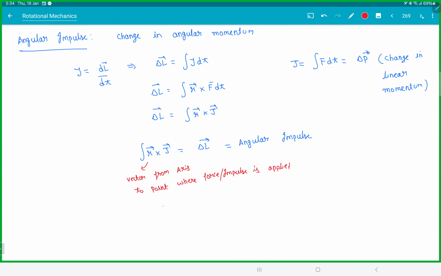You can simply also write this as the perpendicular distance, if J is constant, r perpendicular into J is equal to change in angular momentum. So r perpendicular from center of mass into J gives you change in angular momentum about center of mass. Center of mass is the safest point.